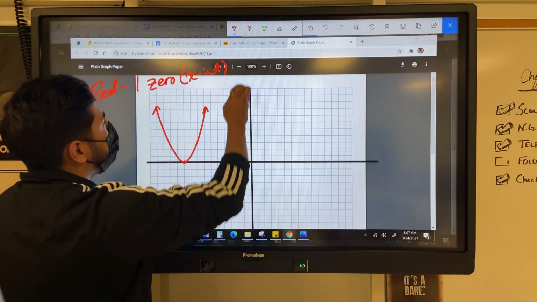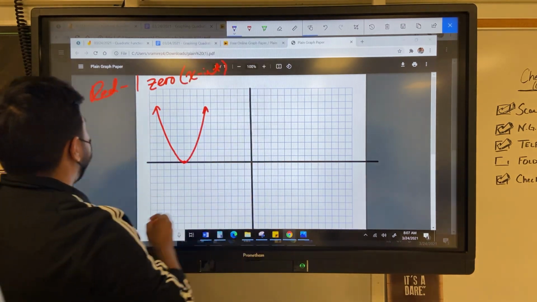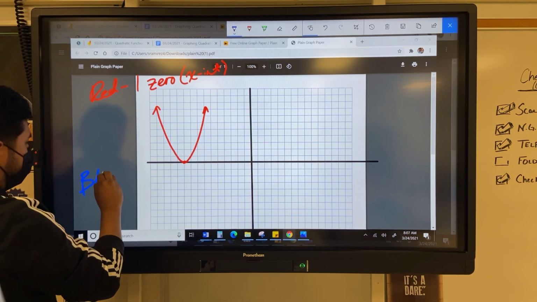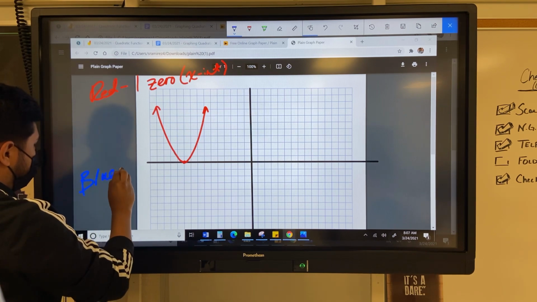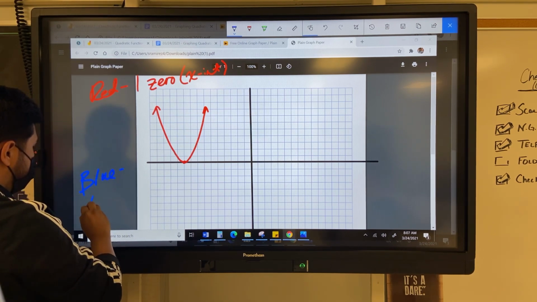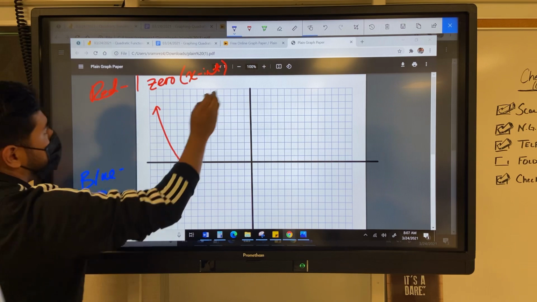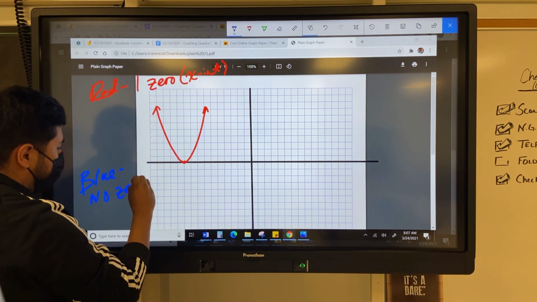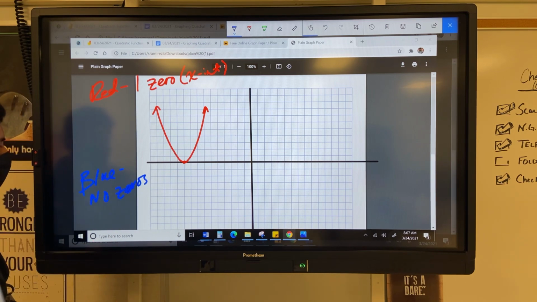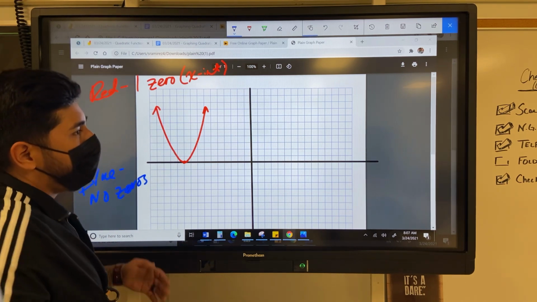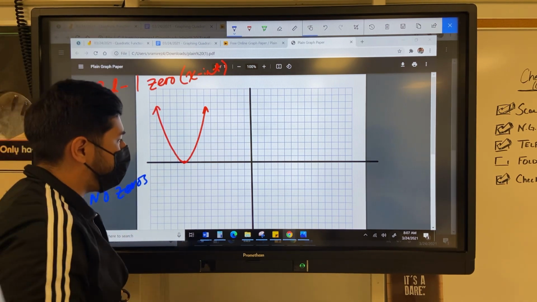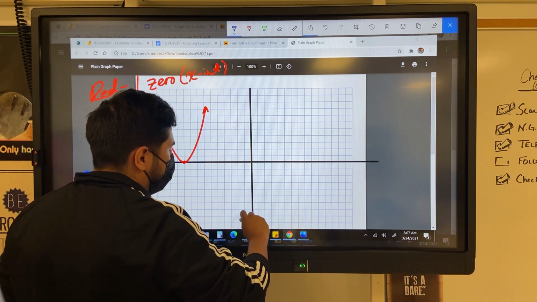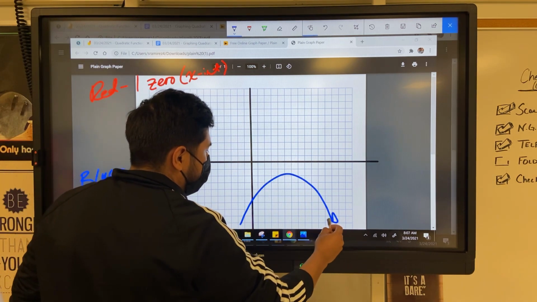I plot that point. And then blue is for none, or no zeros. Let me just put no. No zeros. Now, what does no zeros mean to you? I'm hoping you say, well, there's nothing that's happening, right? So you should be able to see this is a parabola where it's just coming.